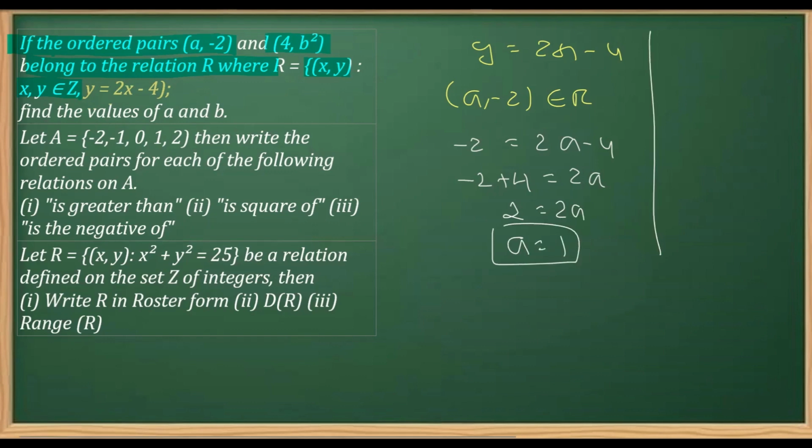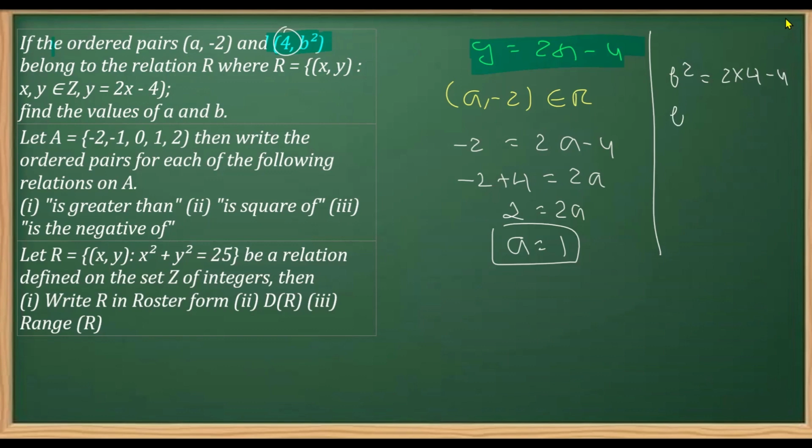Now, the second part over here, as you can see, there is another ordered pair, (4, b²), right? This satisfies this relation again. So we can plug in x as 4 and y as b². So it's going to be b² is equal to 2 times x, and x is what? x will be replaced with 4, minus 4.